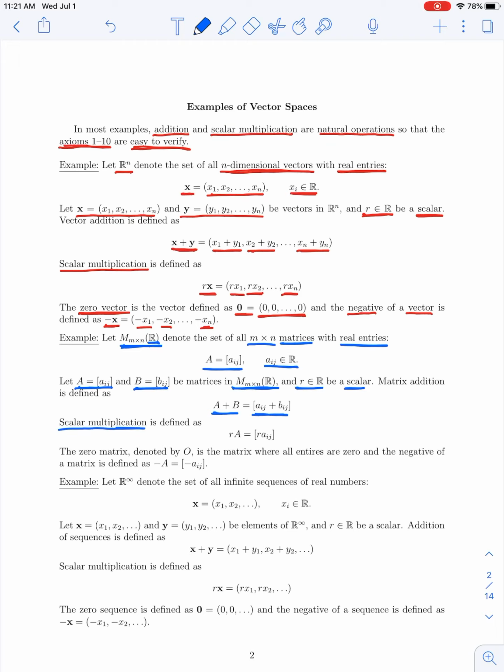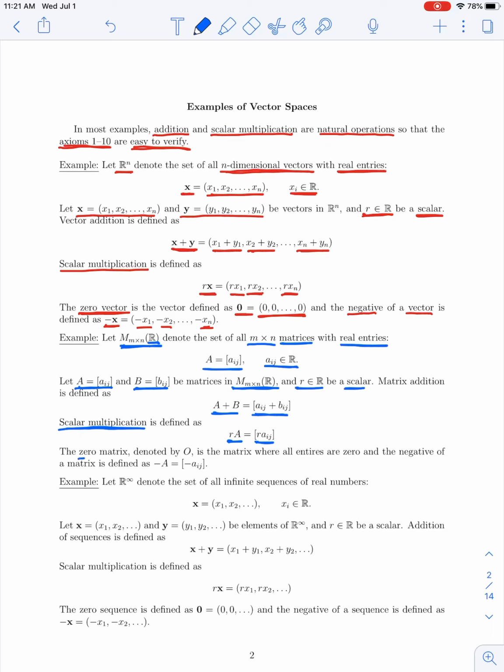And scalar multiplication of a matrix A by some scalar r would be the m by n matrix whose ijth entry is r times the ijth entry of A. That is, we multiply every entry of our matrix by that scalar. So it's the same sort of addition and scalar multiplication we've already been considering.